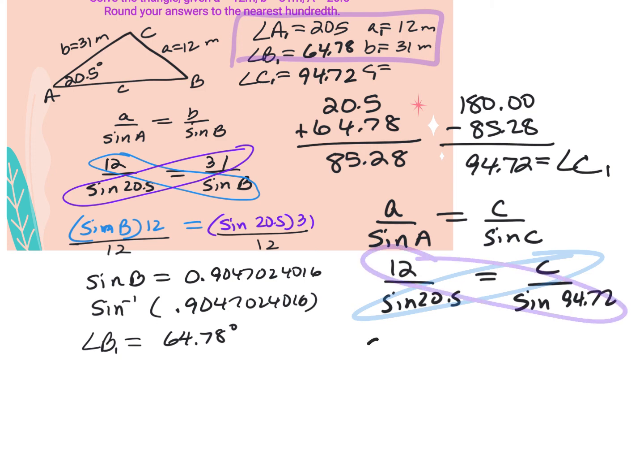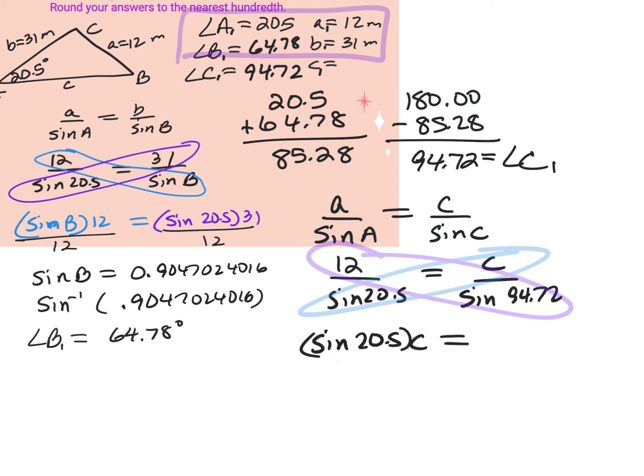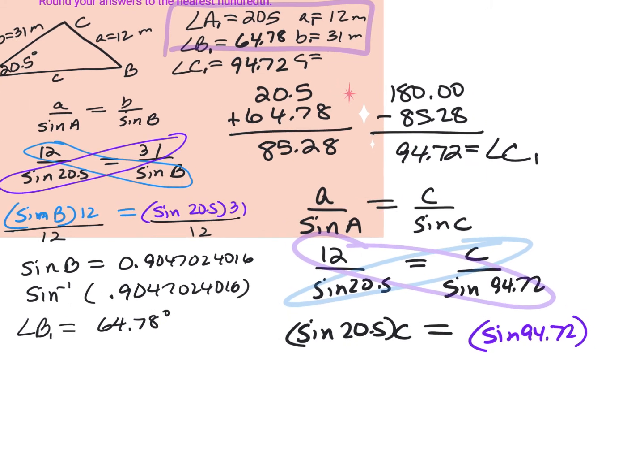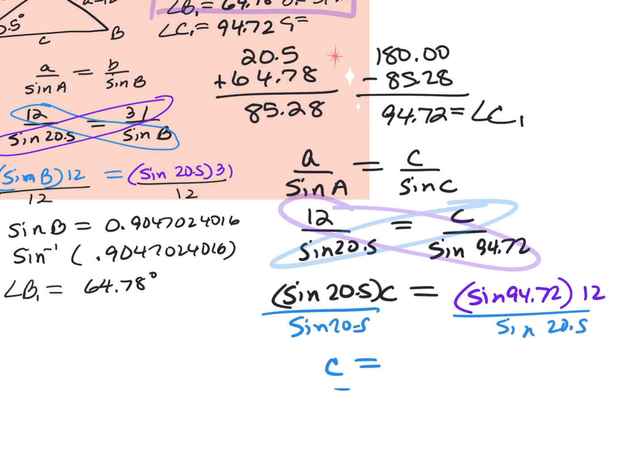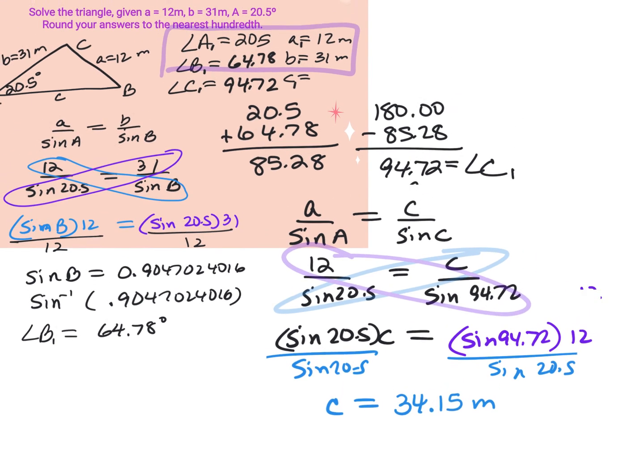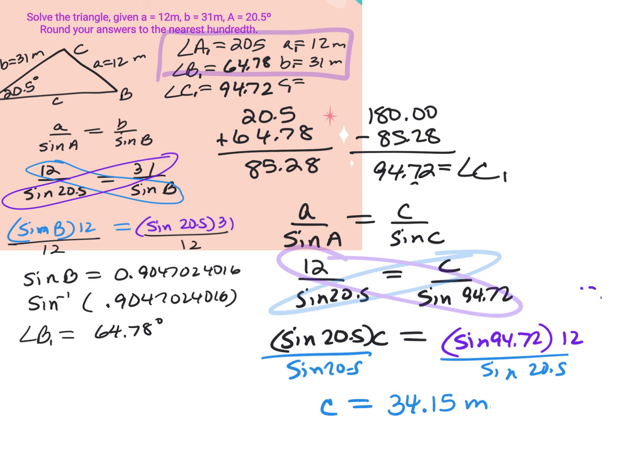So I end up with sine of 20.5 times C equals sine 94.72 times 12. Divide both sides by the sine of 20.5. And side C gives me 34.15, and these are in meters. So now that completed the first triangle.